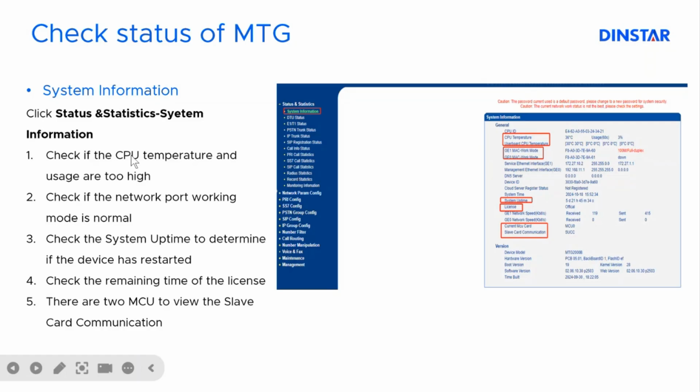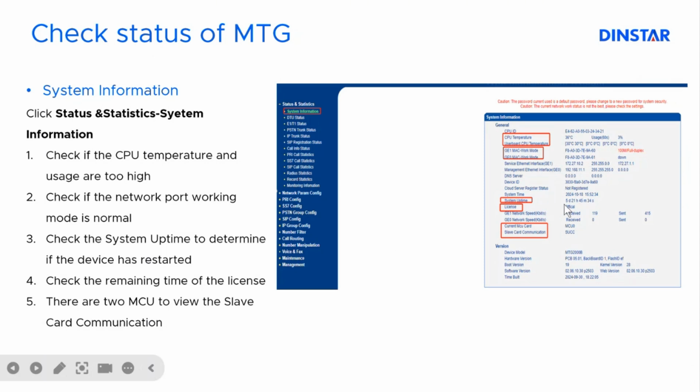You need to check these key items. First, the CPU temperature and usage, to avoid overheating or high loads. Second, check the network port working mode to confirm the network is normal. Third, check the system uptime.